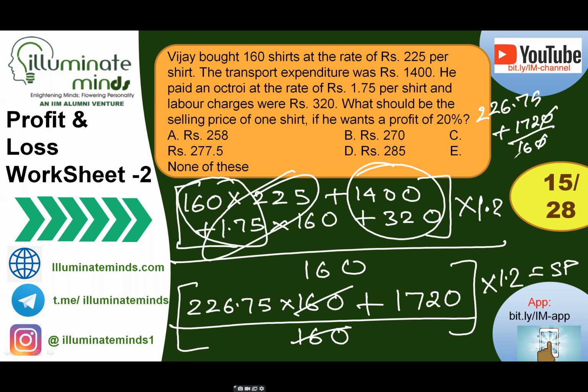So this will give me how much? 172 divided by 16 will give me 10.75. So I am erasing this to make some space.